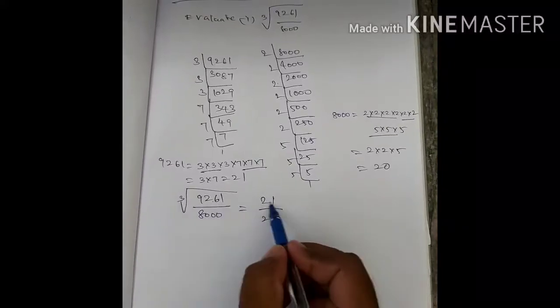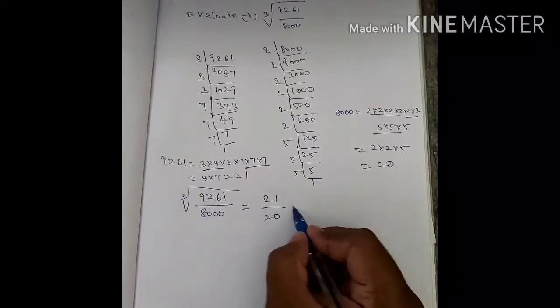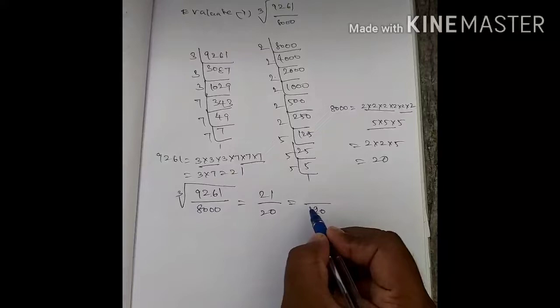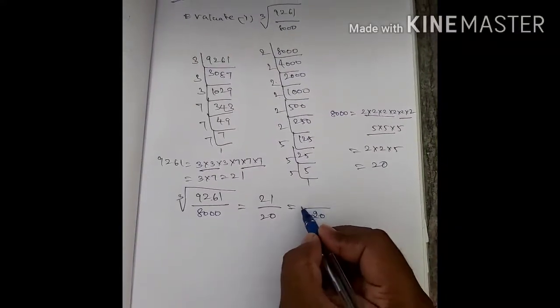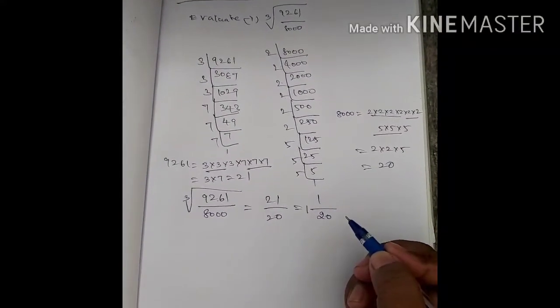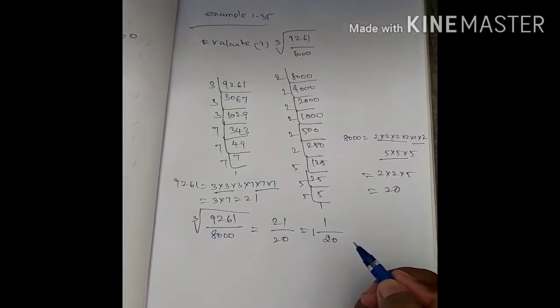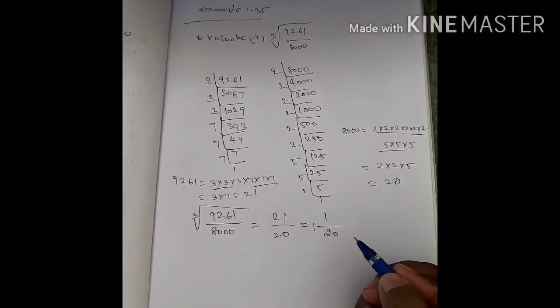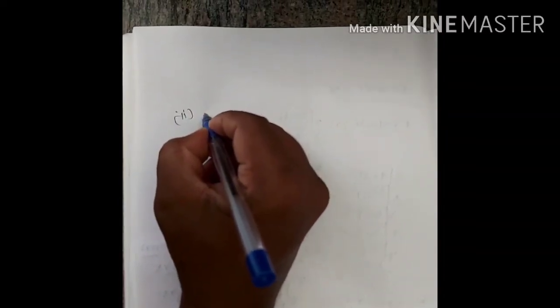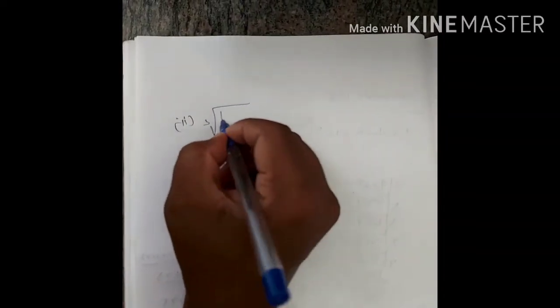So the cube root of 9261 is 21, and of 8000 is 20. So 21 by 20, an improper fraction, changed to a mixed fraction equals 1 1 by 20, since 1 20 is 20, again add the value 1.